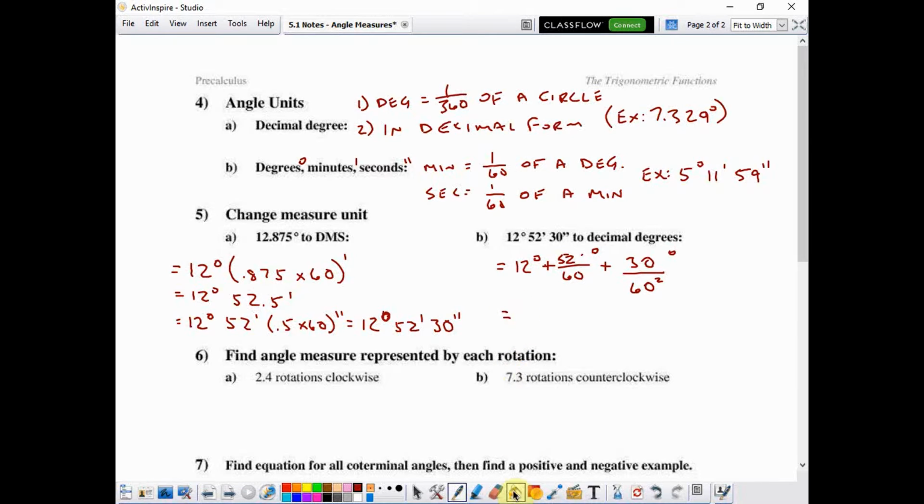And I can type in my calculator 12 plus 52 divided by 60 plus 30 divided by 60 squared, and that is going to give me 12.875 degrees.